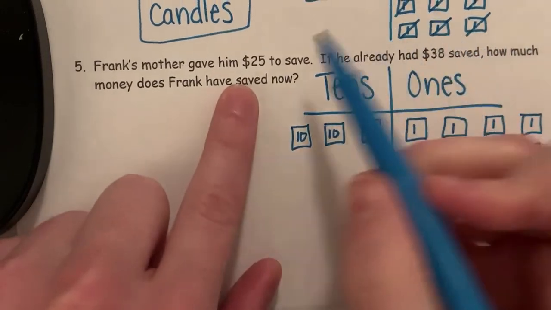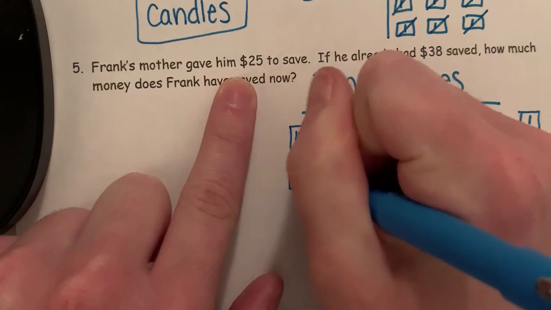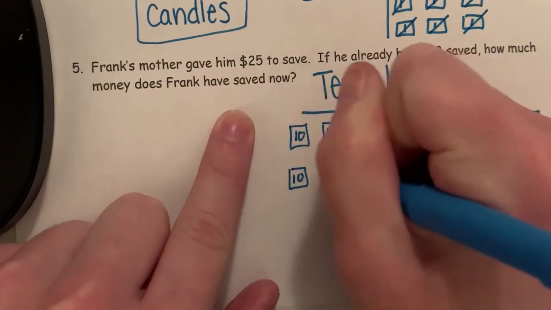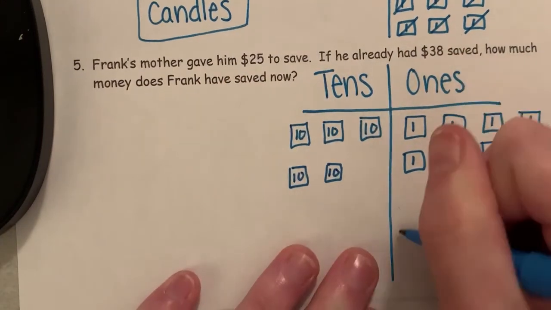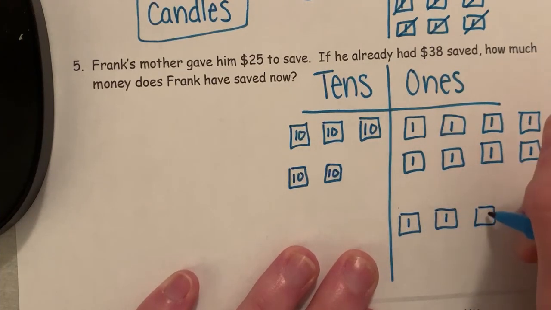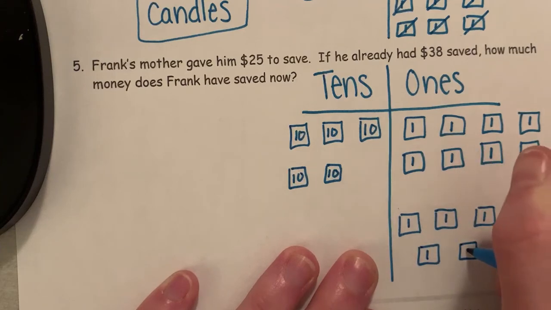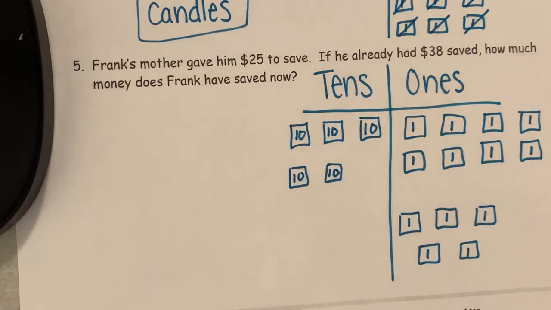And then remember his mom gave him an additional $25. So we'll have 10, 20, and then the 1, 2, 3, 4, 5.